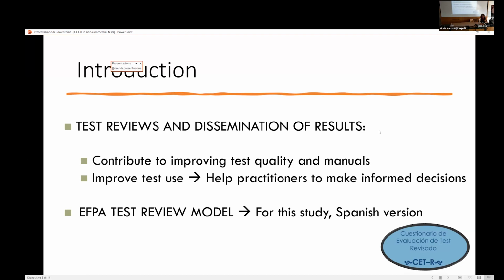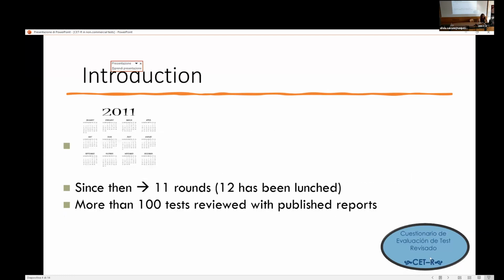Internationally, there are different models, but one important one is the one proposed by the EFPA, and an adaptation of this model, the Spanish one, is the one we are going to use here. The model was proposed in 2000 and was reviewed in 2016. This is the questionnaire for test evaluation. We call it in Spanish the CET-R, because it's the revised 2016 version.